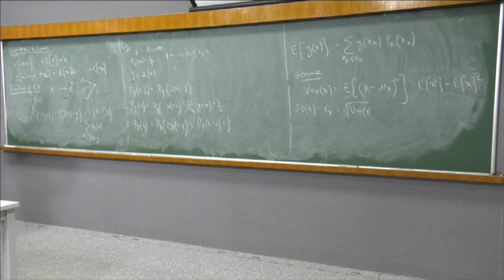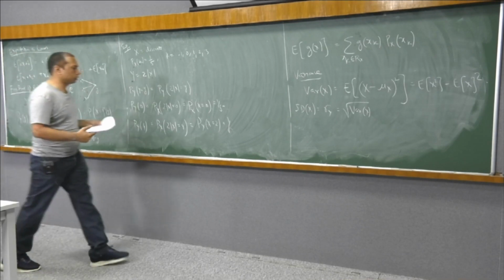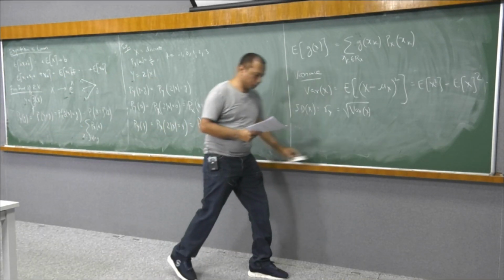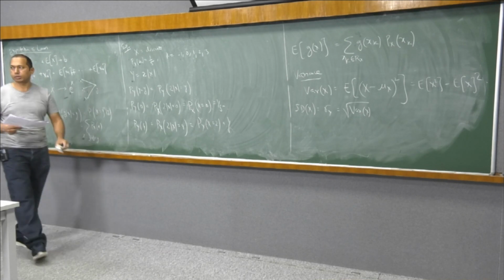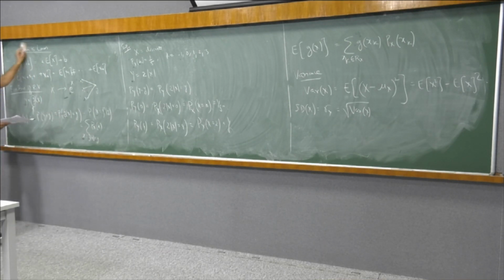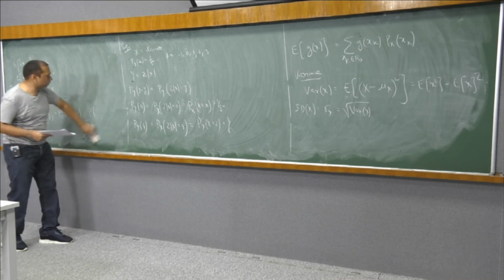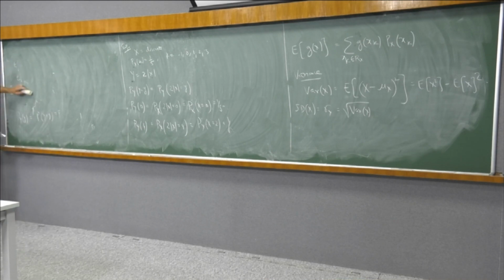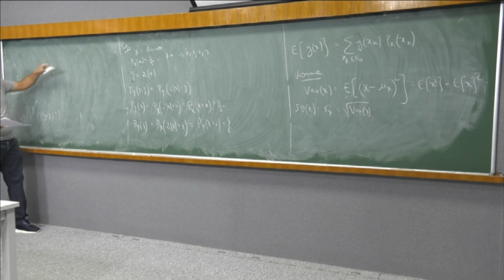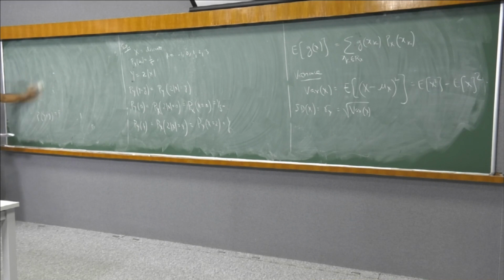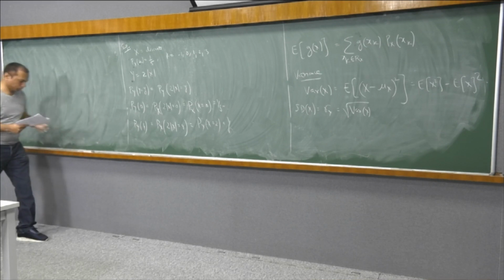And then some results on variance. Variance is not a linear function. Expectation is linear, variance is not. So if I apply variance on aX plus b, it won't be like a times variance plus b; it's slightly different. Let us just recall that.